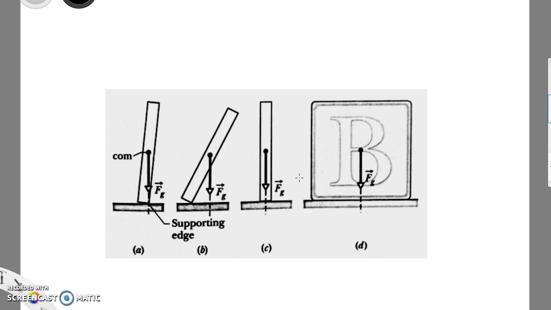Looking at this, you can clearly see that this book is much less stable than this block. The reason why is what I just mentioned. The width of it is very small relative to the height of its center of mass, whereas this block is very wide relative to the height of its center of mass. So this is really easy to tip, where this is really difficult.